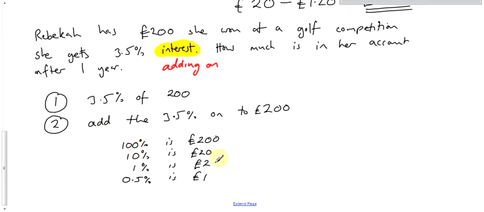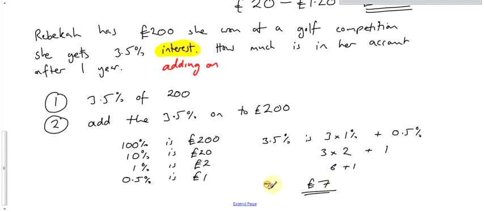And these are my building blocks, so now I'm going to build up the 3.5%, and you can see 3.5% is 3 lots of 1% plus a 0.5%. So that's 3 times, and 1% is £2, so 2, and 0.5% is £1. 3 times 2 is 6, 6 plus 1 is £7.